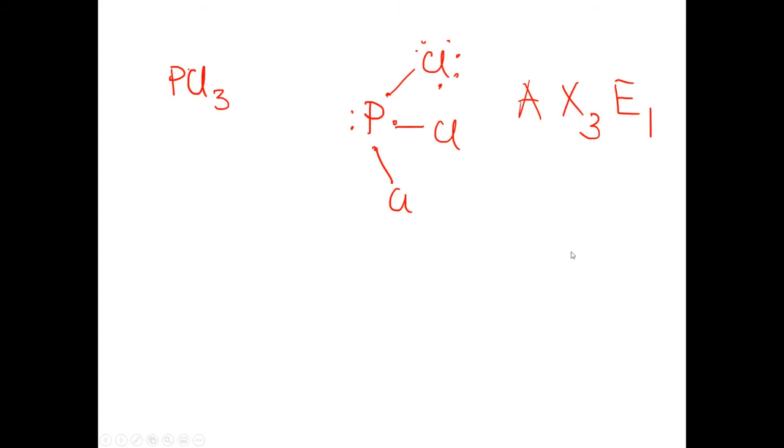This is what I want you to be capable of doing. When you deal with VSEPR theory on your exam, it will depend on your ability to draw the proper Lewis structure. If you can do that, you should have no problem assigning the AXE model. E is the number of lone pairs of electrons: 2 electrons, 1 lone pair.